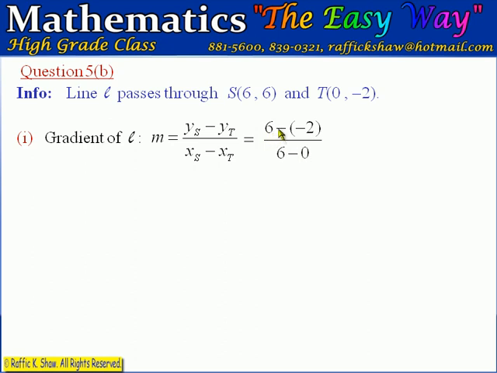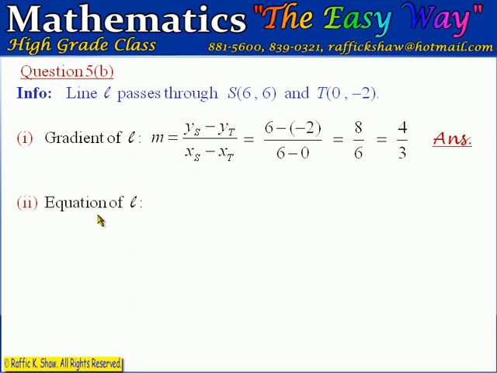And then this 6 minus -2 is actually 6 plus 2. And this denominator, 6 minus 0, is 6. So the result here is 8 divided by 6. And if we simplify this, it becomes 4 divided by 3. We simply divide the numerator and the denominator by 2. And so the gradient of the line L is 4 divided by 3.